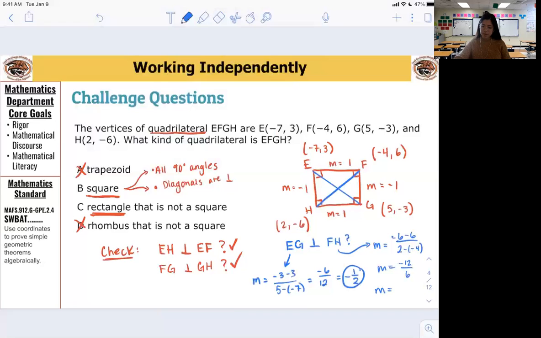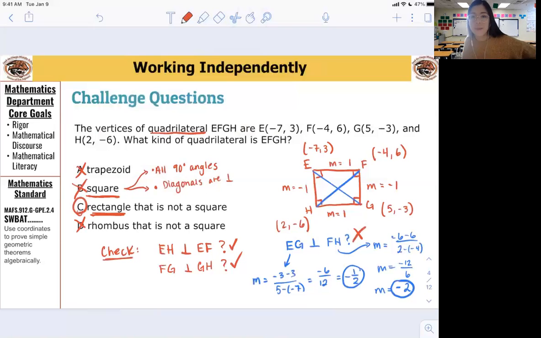Okay, now that's -2. Are these perpendicular? No, because it would have to be the opposite. The sign would have to flip. Good. So it would have to be +2, not -2. Therefore, is this a square? No. It is not a square, but it is a rectangle.